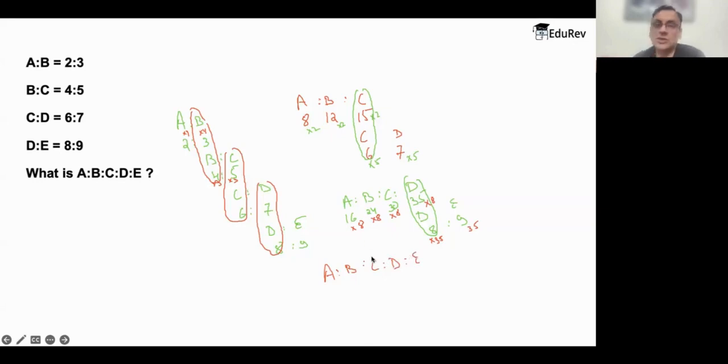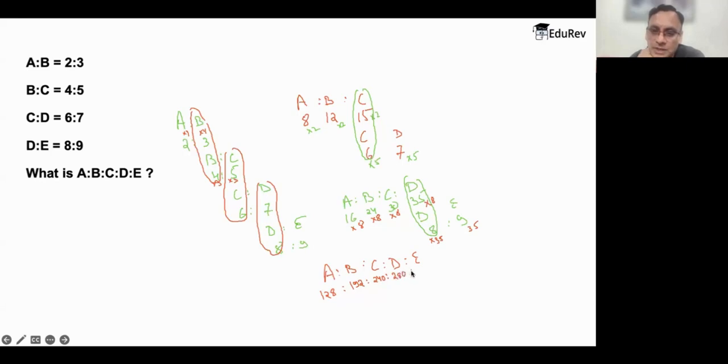which is 16 into 8. Now, how much is 16 into 8? 128. 24 into 8. How much is 24 into 8? 192. How much is 30 into 8? 240. How much is 35 into 8? 35 into 2 is 70. 70 into 4 is 280.